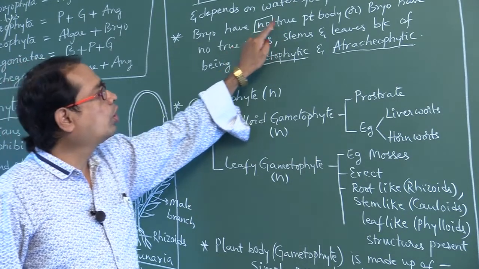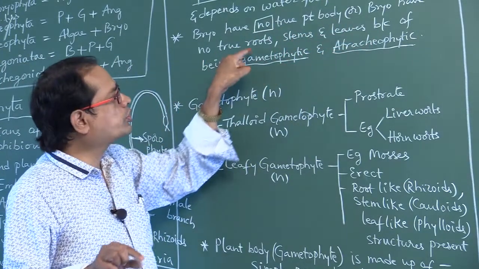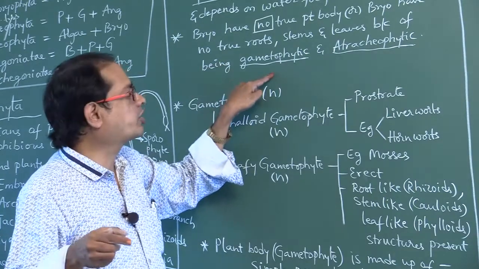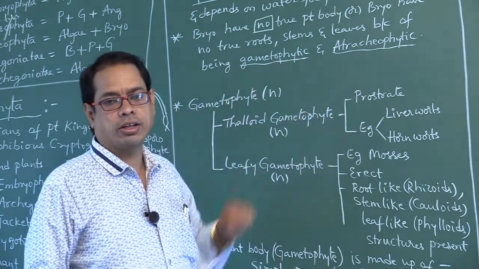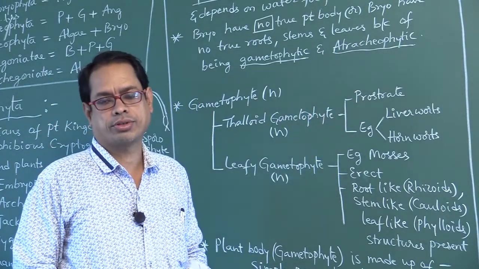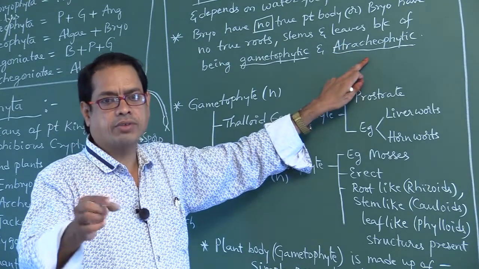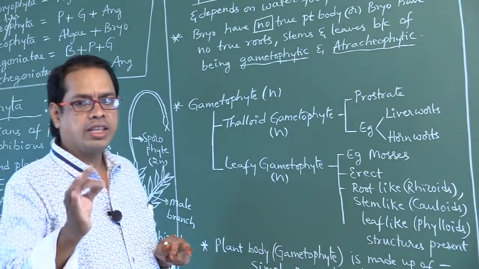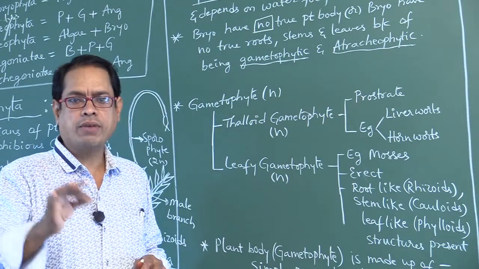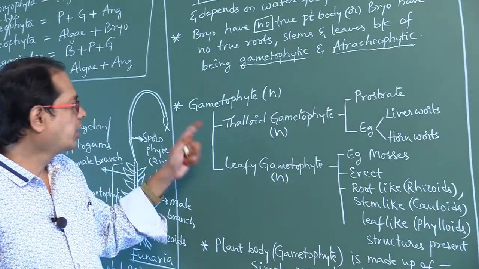That's why bryophytes have no true root, stem and leaves, because of being gametophytic in origin and atracheophytic. So, gametophytes do not possess vascular tissues. Atracheophytic means without vascular tissues. Why does this gametophyte not possess vascular tissues? Because the dominant phase of Bryophyta is gametophytic in origin. That is the reason, right?